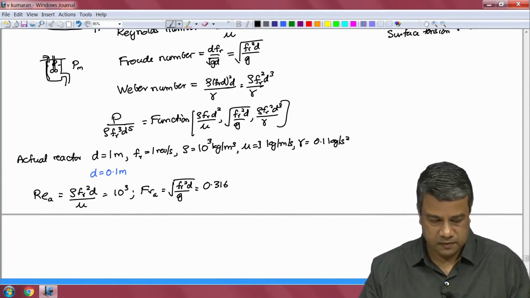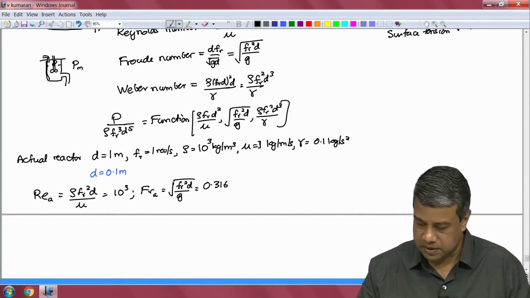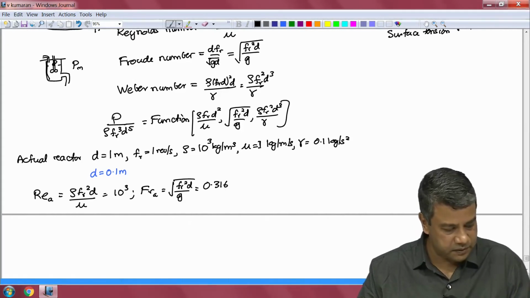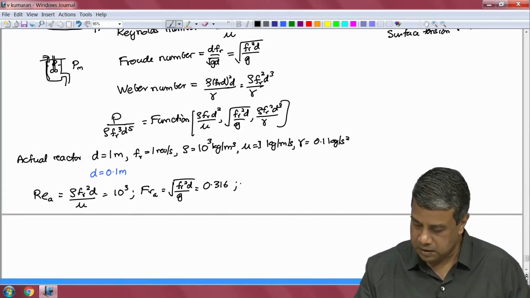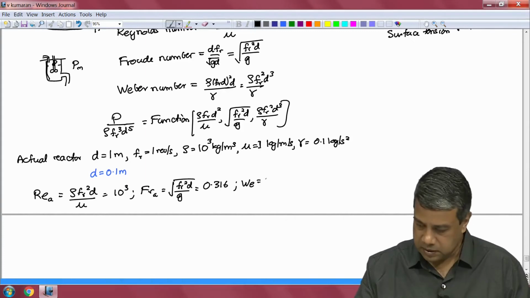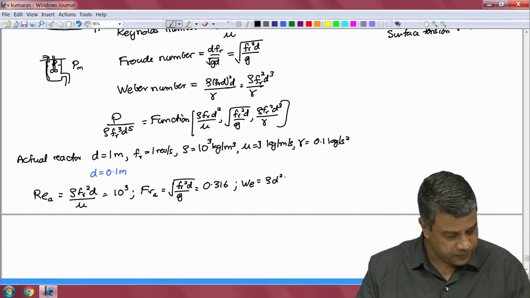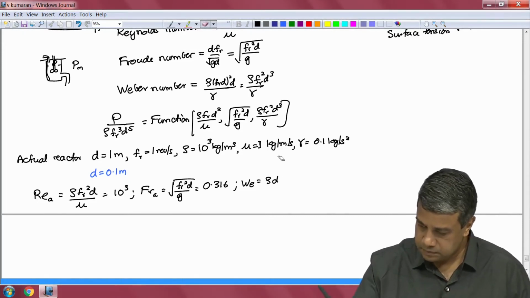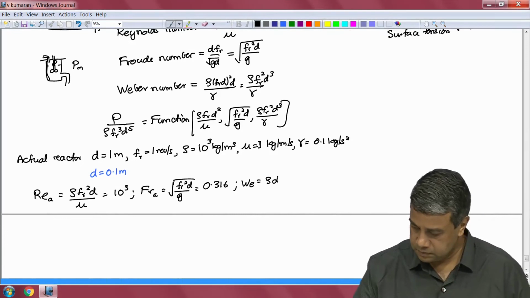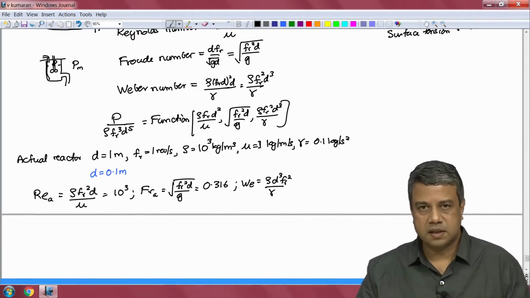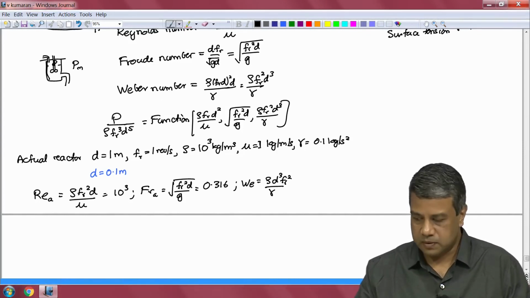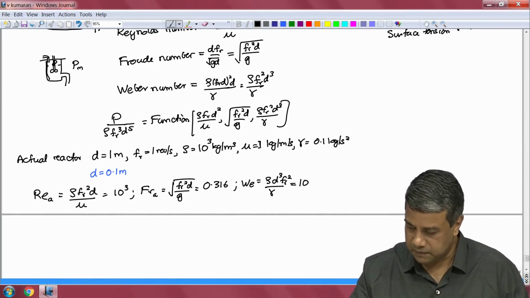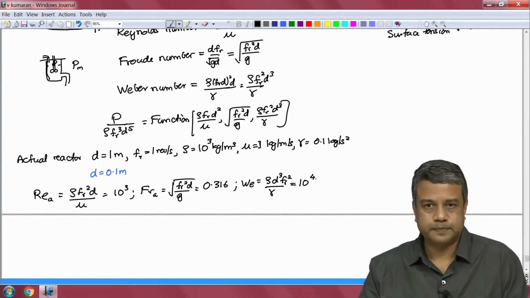So, you get square root of 0.1, which is 0.316. That is the Froude number, and the Weber number is equal to rho f r square d cubed by gamma. Density was 10 power 3, gamma is 0.1, so this is approximately 10 power 4.